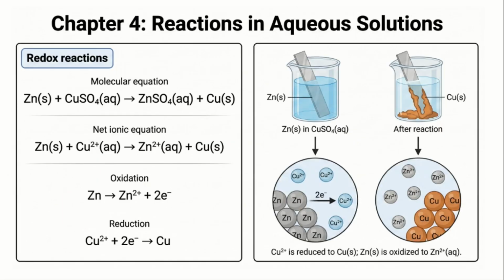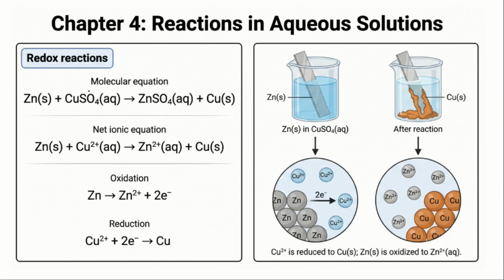Now consider another redox reaction between zinc and copper sulfate. In this case, we can see copper reduces and forms a precipitation. Now you can see that it's brown, while zinc is oxidized and it donates electrons to copper.